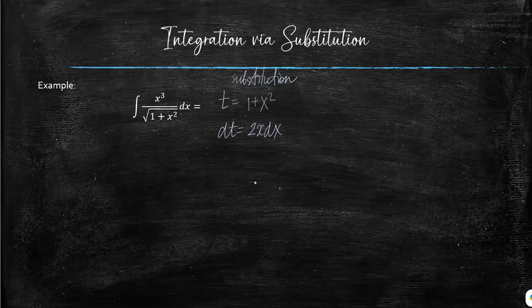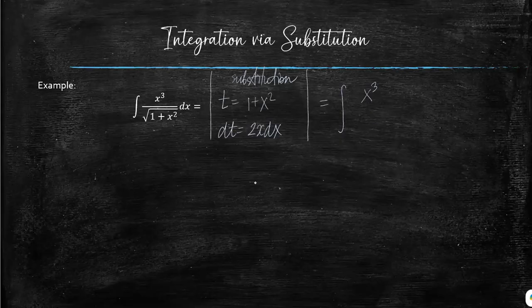And if you try to plug everything in now, you're going to see that there's nothing there to substitute for x cubed. We do have square root of t in the denominator now. And dx, sure, we can split up x from here, but in general, we don't really know what to put here instead of dx.